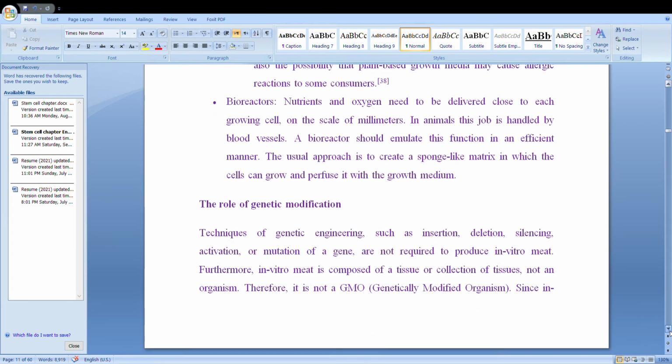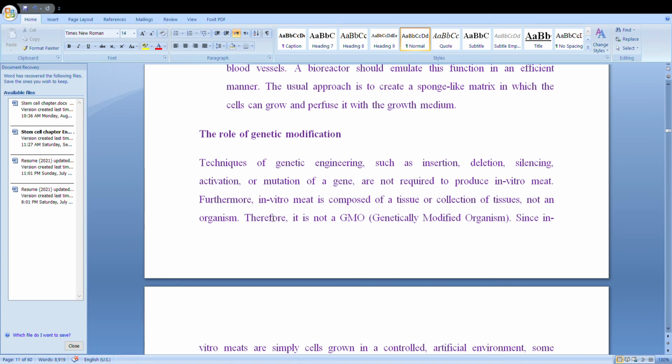The role of genetic modifications: techniques of genetic engineering such as insertions, deletions, silencing, activations or mutations of genes are not required to produce in vitro meat. Furthermore, in vitro meat is composed of a tissue or collection of tissues, not an organism.